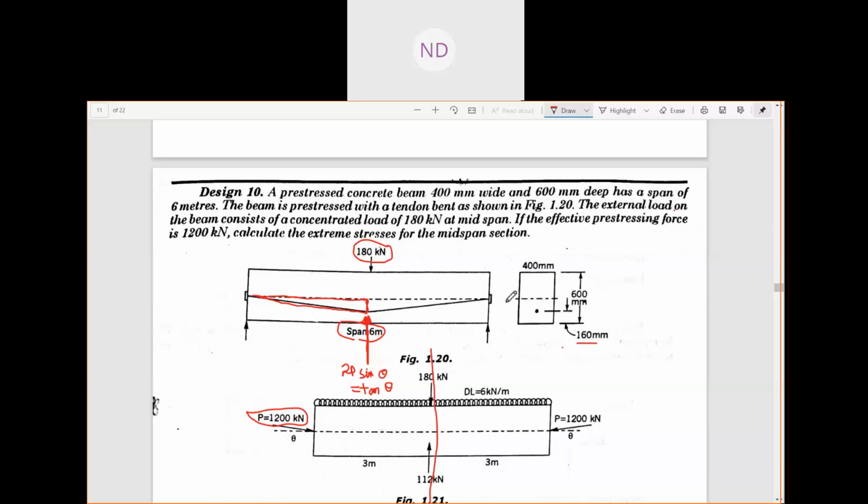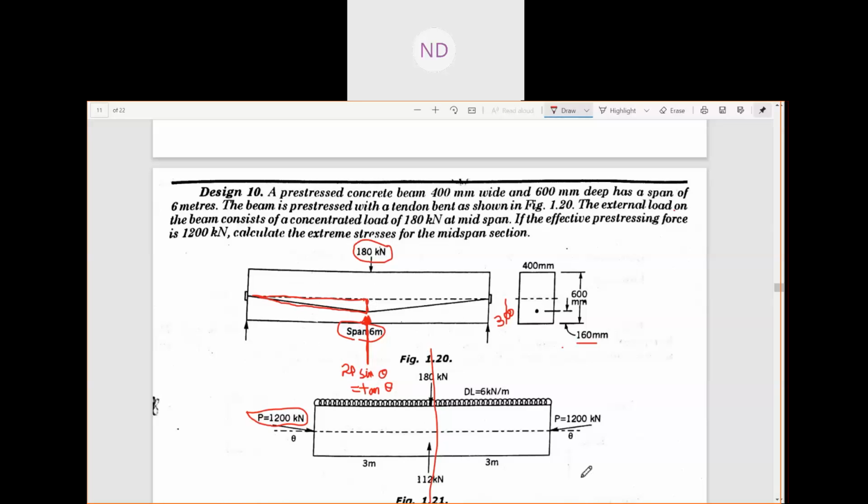This one you know is 300, so 300 minus 160 gives you this distance. So tan theta is equal to this divided by this, and now you will get your 2P tan theta.